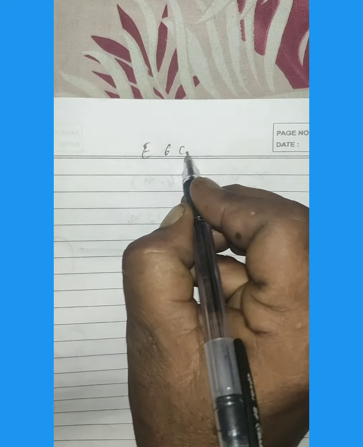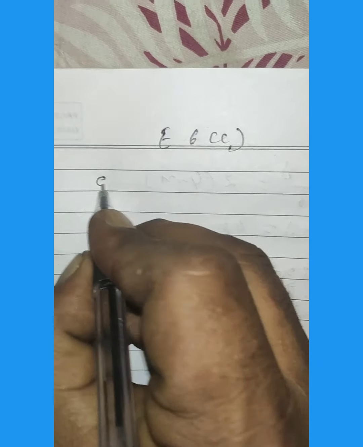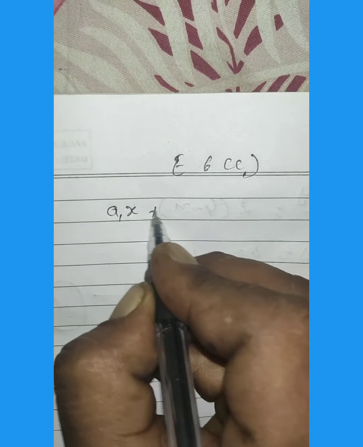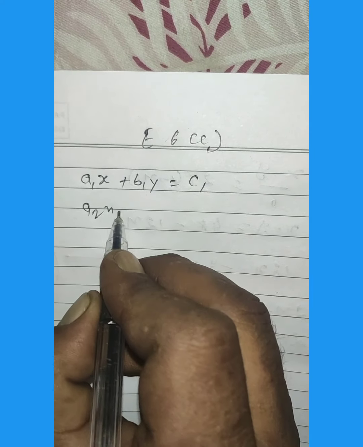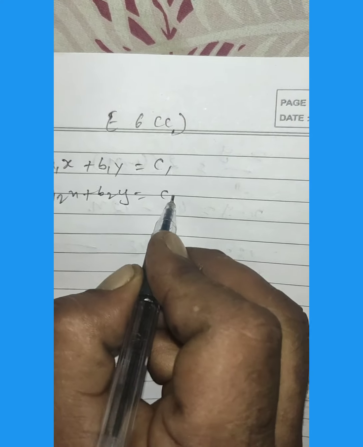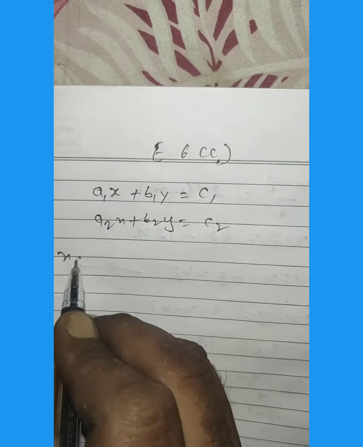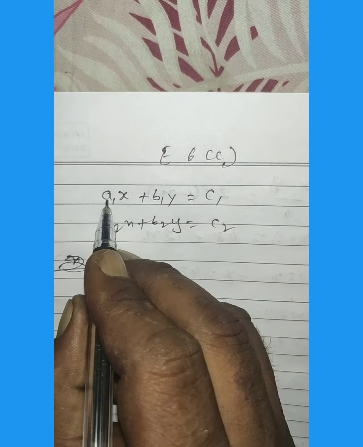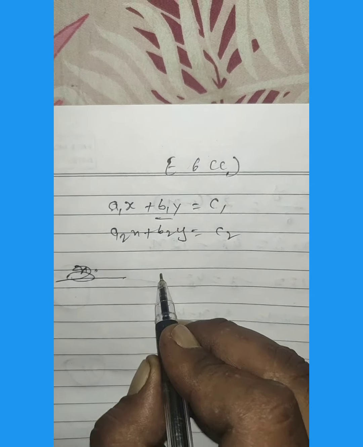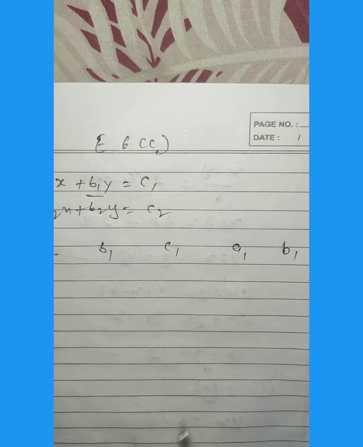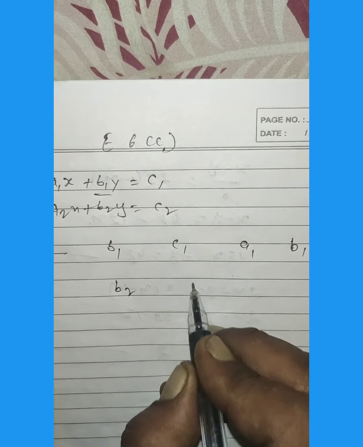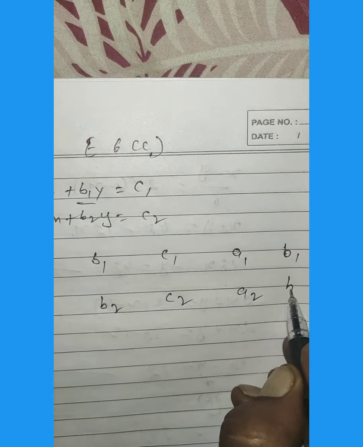Exercise 6c. In this chapter, we have to use cross multiplication. Cross multiplication means, just as an equation is there, a1x plus b1y is equal to c1, then a2x plus b2y is equal to c2. Then we use the formula x over, first of all, we start from here, b1, c1, a1 and b1, and similarly for the second, b2, c2, a2 and b2.